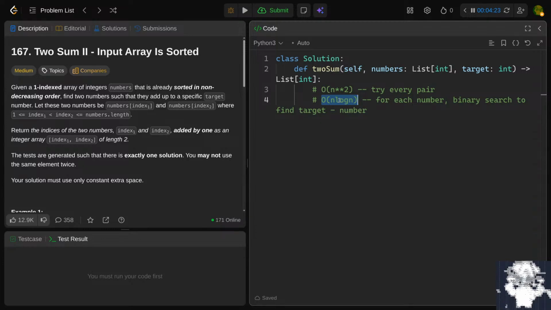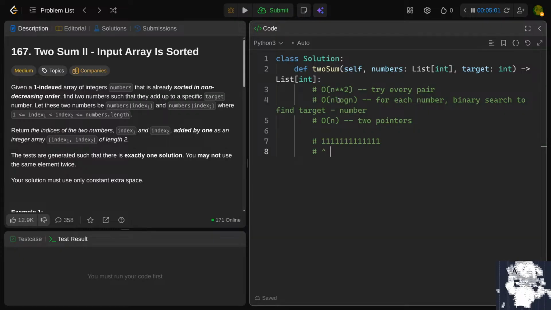Well, there is actually. You can do it with 2 pointers. O of n, 2 pointers. You don't have to keep binary searching on the right side because you know that you're only ever going to have to go down the list as you go up the list on the left side. Like, you've got these numbers.